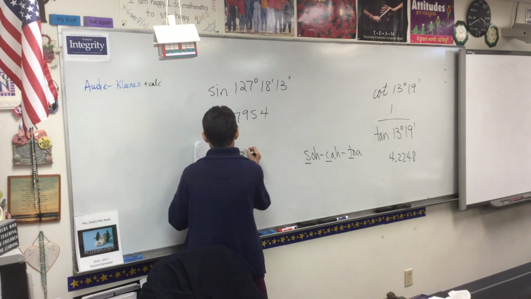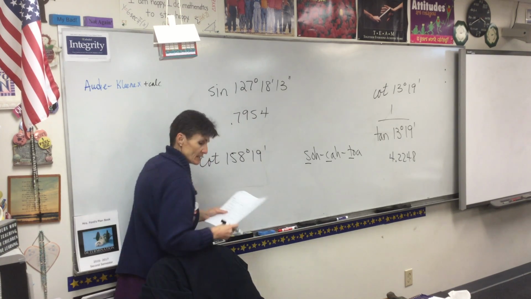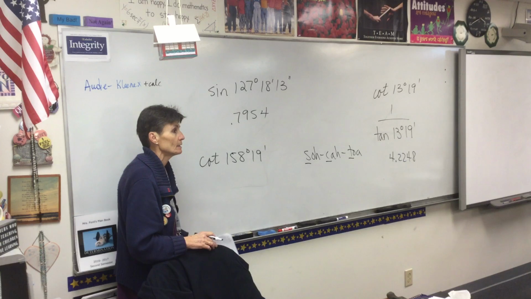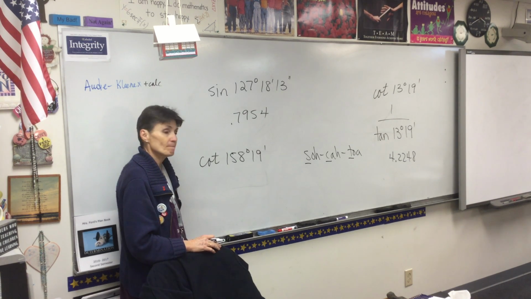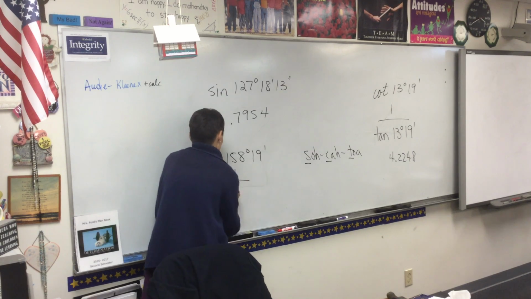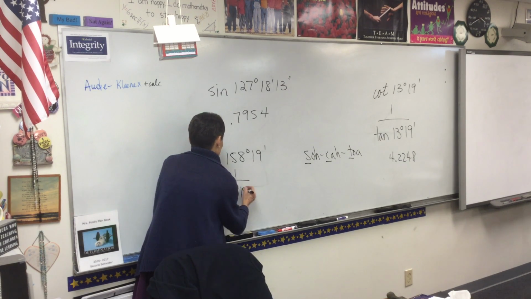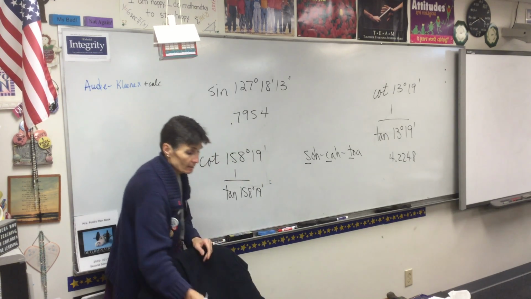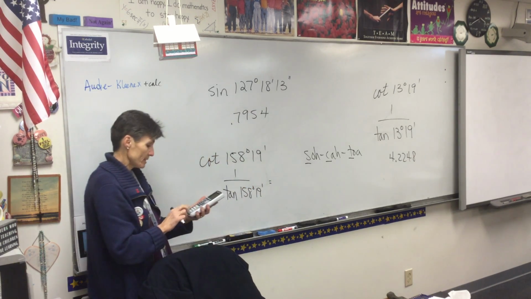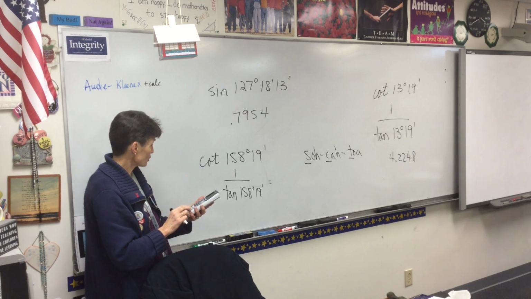Cotangent, 158.19. Well, we already did a cotangent, so this should be easy for you. What do I need to type to get a cotangent? 1 divided by tangent. No special things going on here, just 1 divided by tangent.